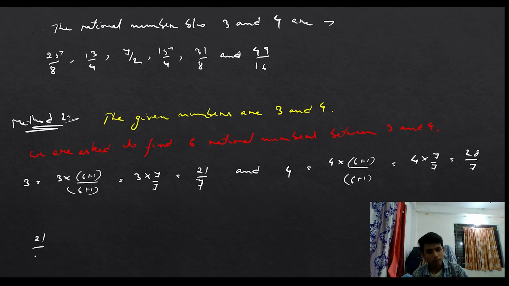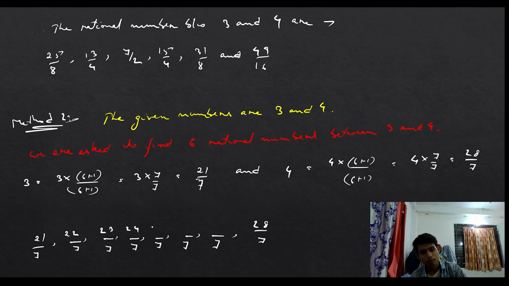Now we'll write 21 by 7, 28 by 7, and create 6 places here. Give denominator 7 to each of the terms and write the numbers in ascending order: 22, 23, 24, 25, 26, 27.